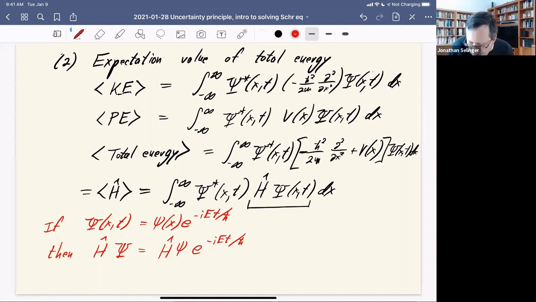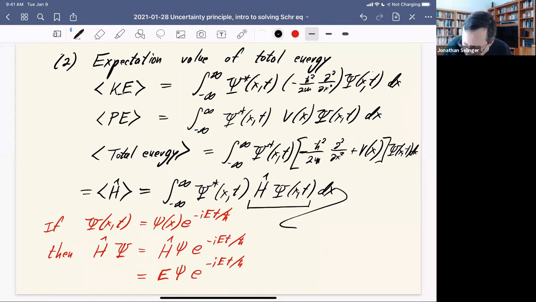And we know what the Hamiltonian operator does to little psi. It is equal to E times little psi, times e to the minus i E t over h bar.